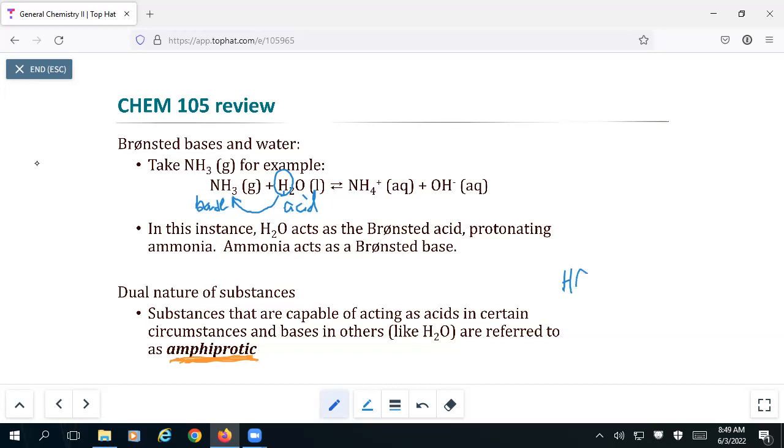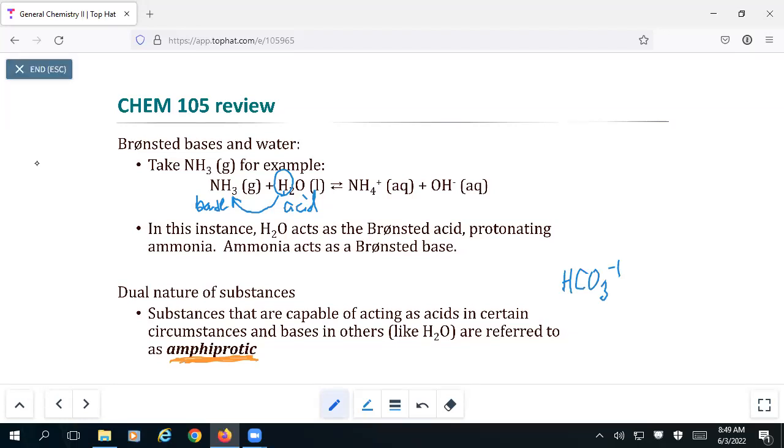So things like the hydrogen carbonate ion, where if I add a proton to it, it becomes carbonic acid. If I take that extra H plus away, it becomes the carbonate ion. It is perfectly stable going either direction. It just depends upon the acidity or the basicity of whatever we put with it.